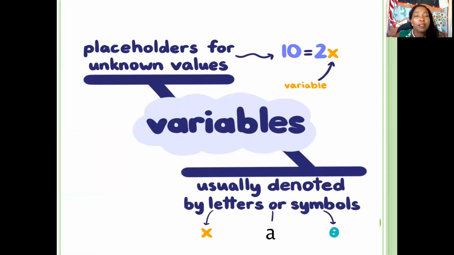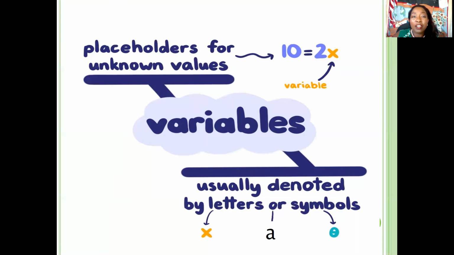Now, there are some vocabulary words that you are going to be hearing a whole lot of during this lesson. The first one is variables, and it's a big deal because to me, this is the reason why we actually use a whole lot of algebra.